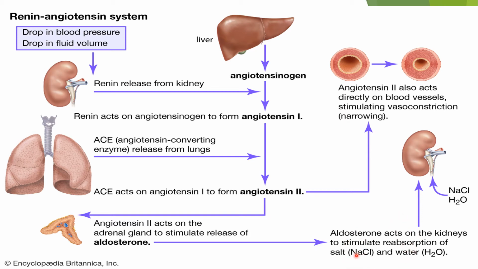The initial problem is a drop in blood pressure and blood volume, and this whole mechanism produces an increase in blood pressure through vasoconstriction and increased blood volume through stimulation of absorption of sodium chloride and water in the collecting ducts in the kidneys. So it restores the circulation and the blood pressure.